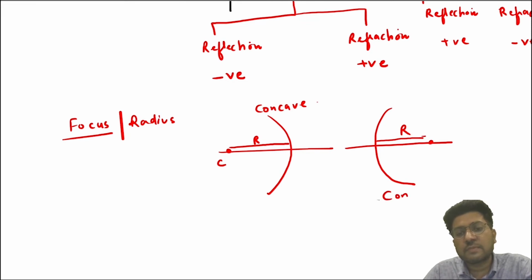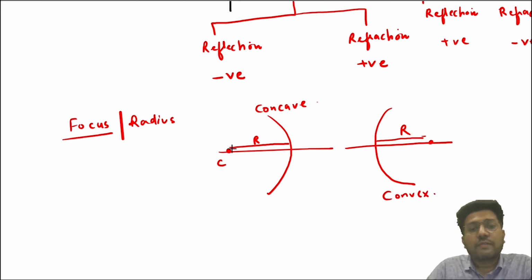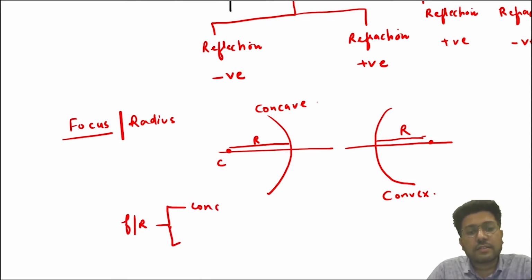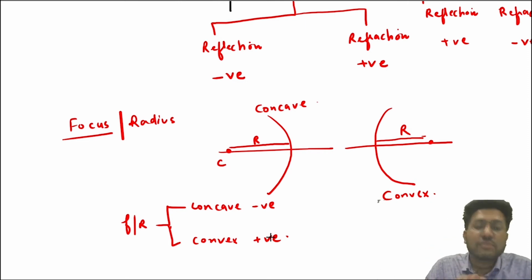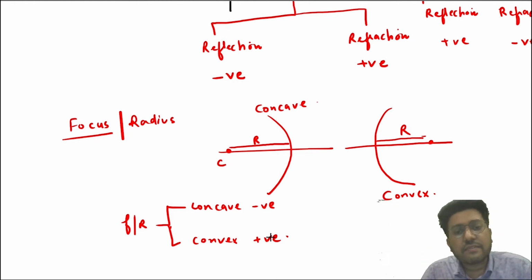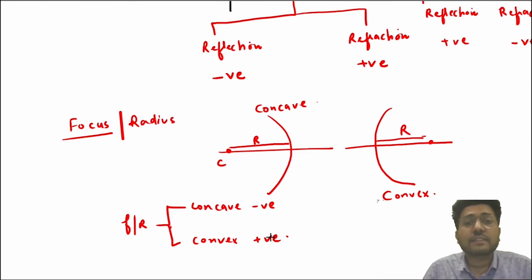So front distances are negative. So focus and radius of concave mirror is negative and convex mirror is positive. That means in question, if it is given to you that focus of a concave mirror is 20 centimeter, you will write f is not 20, you will write f is minus 20. Focus of a concave mirror is negative and focus of a convex mirror is positive, right?